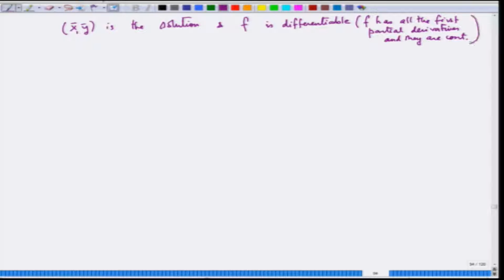CONT is short for continuous. So, essentially that is the meaning. Then if this happens, x bar y bar must follow this condition.